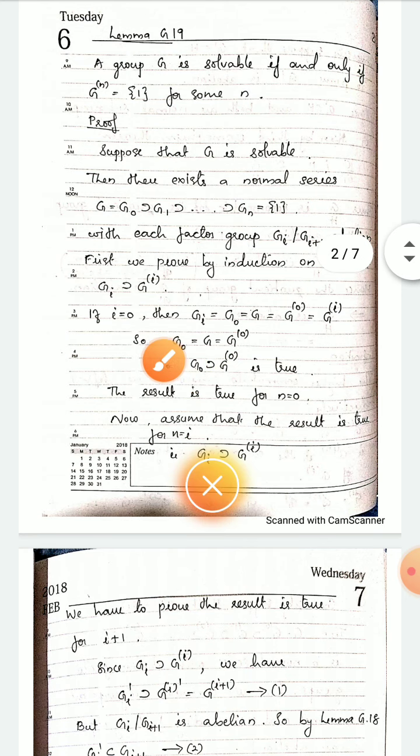So we have got G naught equal to G equal to G raised to 0. Since G naught is equal to G raised to 0, we can write G naught is a superset of G raised to 0. This relation also holds. So this result is true for i equal to 0. Now we assume that the result is true for n equal to i. That is, Gi is a superset of G raised to i.